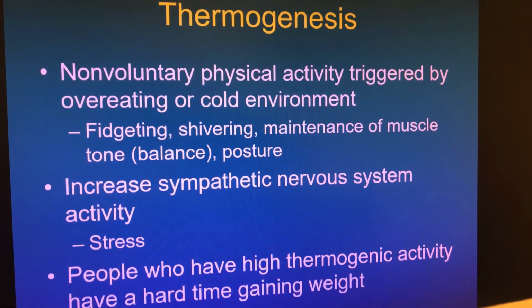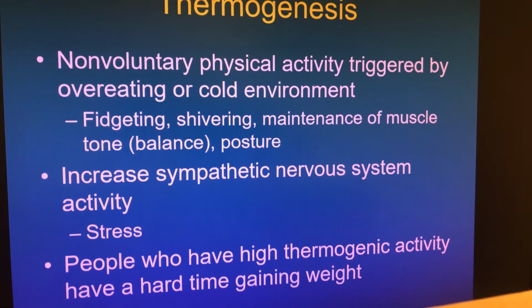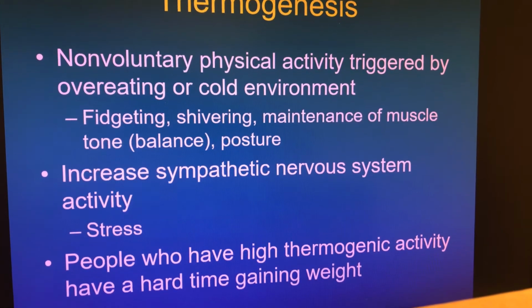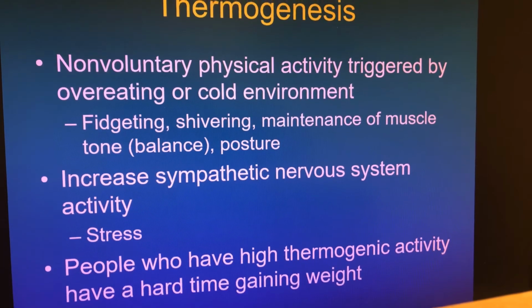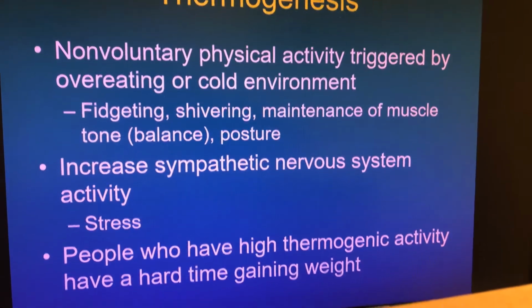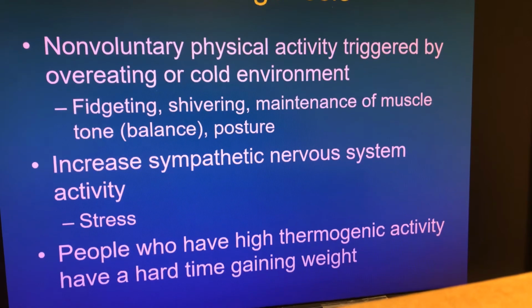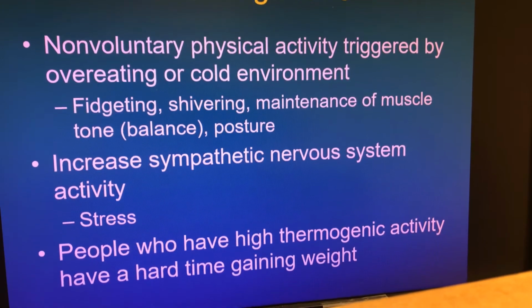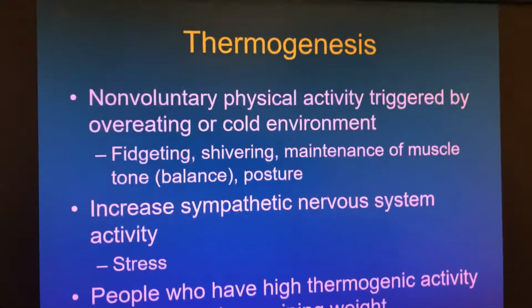When you're stressed, oftentimes you'll burn off more energy as heat because your nervous system activity increases. A lot of us make up for that increased thermogenesis from stress by stress eating. We'll talk about that later. So people who have a high thermogenic activity may have a hard time gaining weight, actually. And I know a lot of people who are in this situation.